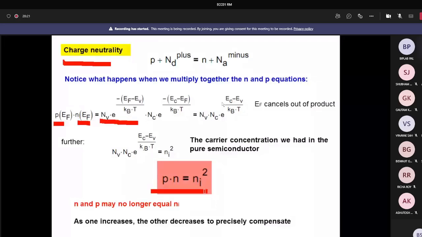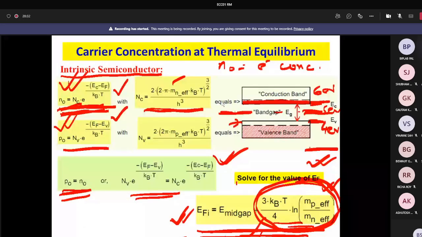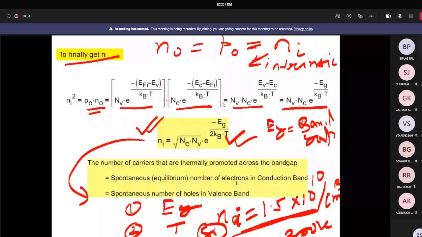So this is called the law of mass action. Similar things we have observed in intrinsic semiconductors: P0 into N0 is equal to Ni square. So the same thing is valid, the law of mass action.